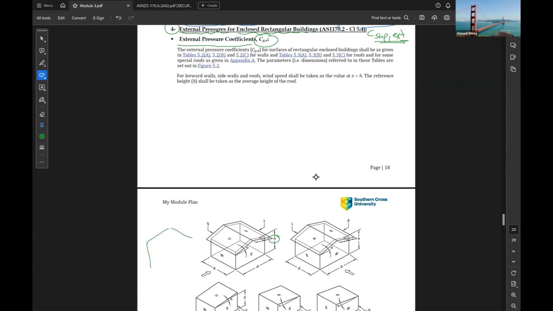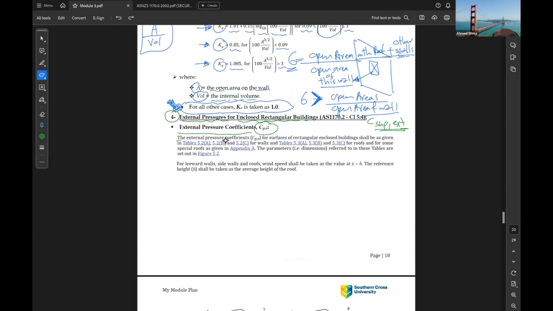So for example, if we have here, this should be H. Okay, so this is H. So the external pressure CBE is for the surfaces of a rectangular enclosed building, given in this table we will see now for walls, and table 5.3 A, B, C for roofs, and for some special roofs in Appendix A.